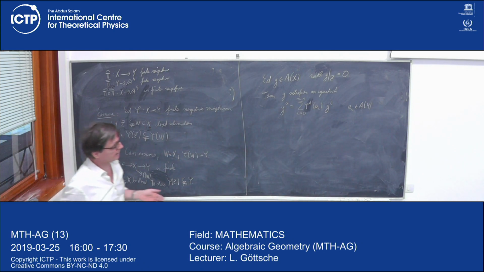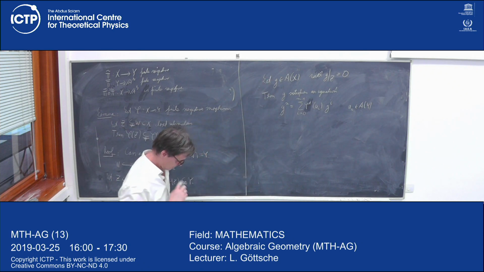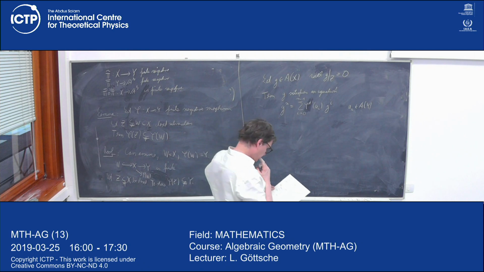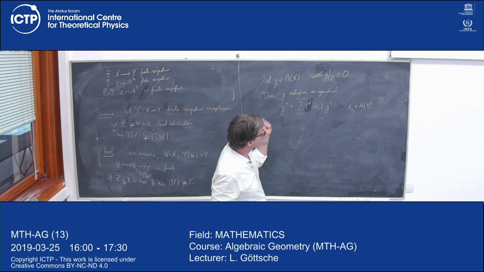So every element in A of X satisfies a monic equation. So if it satisfies such an equation, we can choose such an equation such that this number n is minimal.